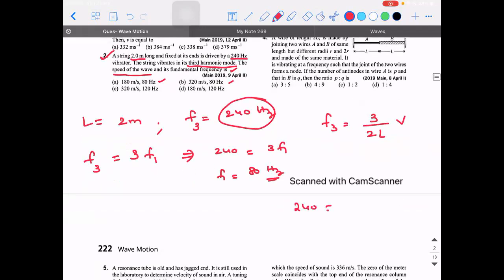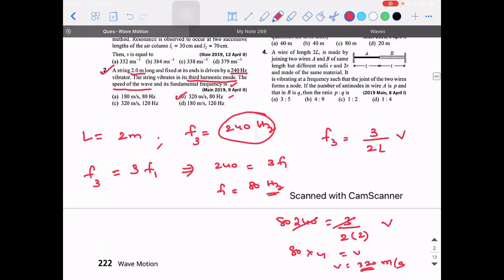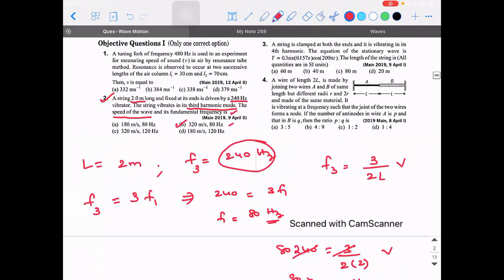So 240 is equal to 3 divided by 2 into 2 into V. It is 80, and 80 into 4 should be equal to V. V is how much? It is 320. Guys, am I clear? Yes, sir. Okay, so this part alone, you need to practice a lot.